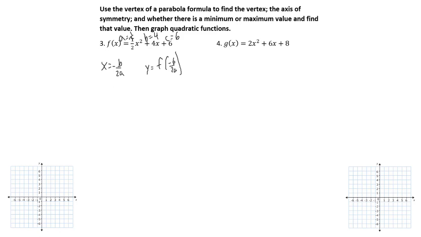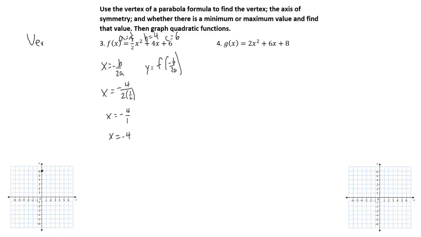And really, we don't use c at all. It does help us find our y-intercept. So we do know it will be going through there at 0, 6. So let's plug in, and we get x equals negative 4 divided by 2 times 1/2. So that is negative 4 divided by 1, which simplifies to just negative 4.